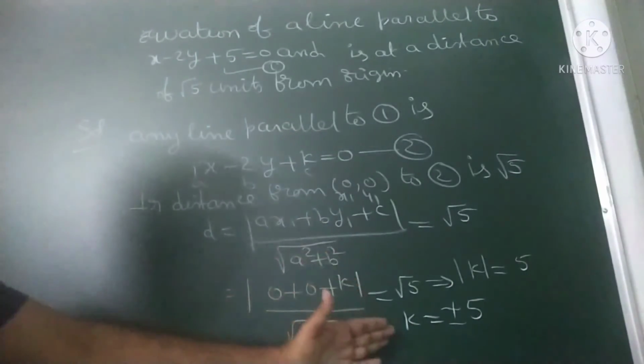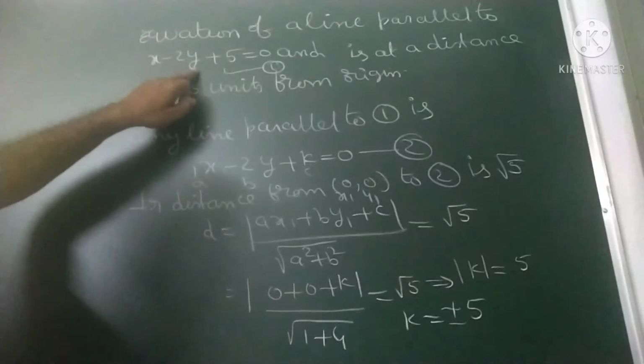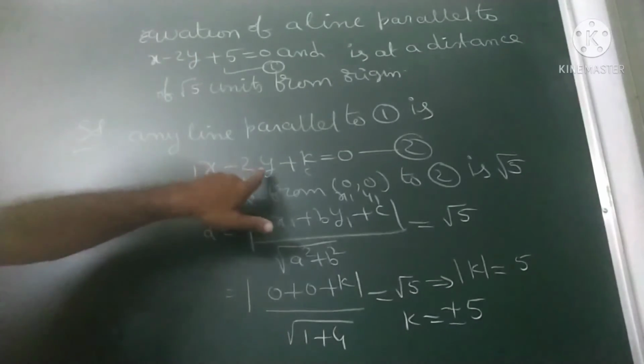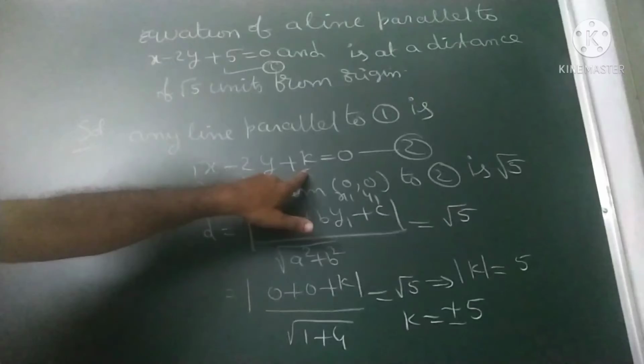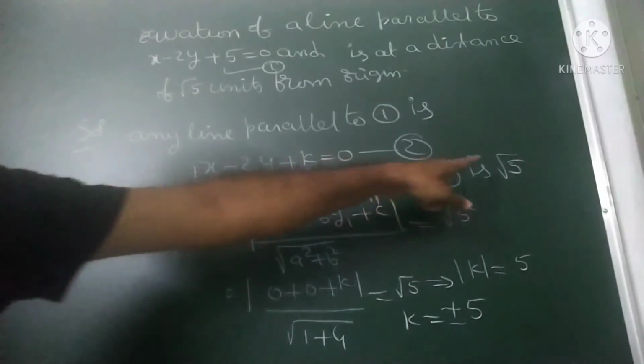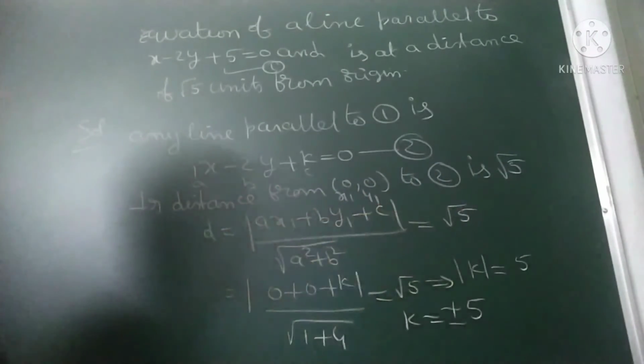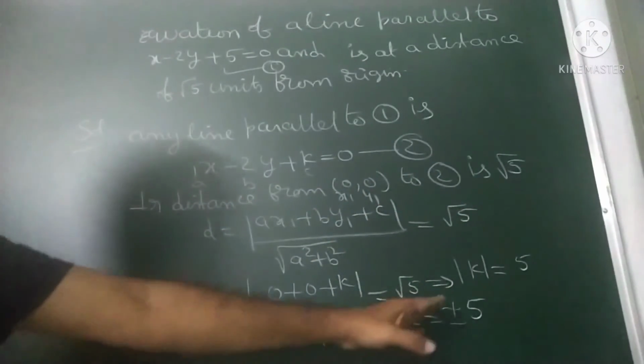So like this you have to find the k value. First, what to consider? Any line parallel to 1 is the same up to here, only the constant term changes. The perpendicular distance from origin to the line is given as root 5. So find the perpendicular distance and equate to root 5, then get the k value.